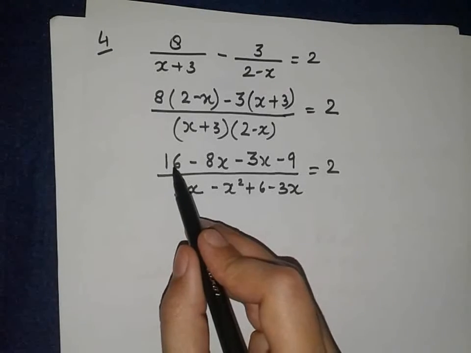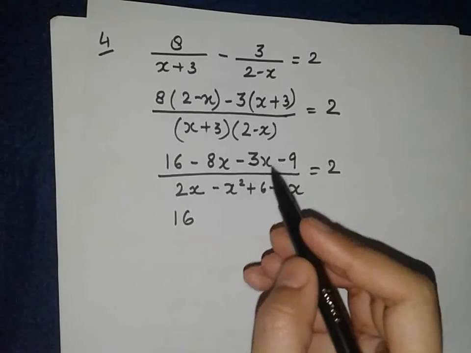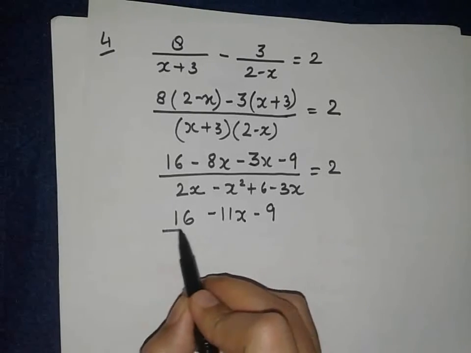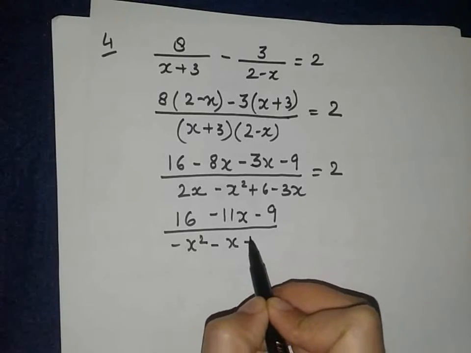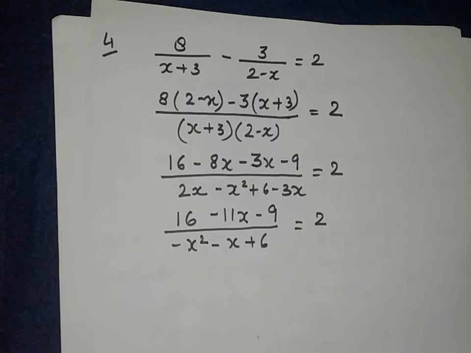Now solving like terms: minus 8x minus 3x will give me minus 11x, 16 minus 9, upon minus x square minus x plus 6 is equal to 2. This is what we are getting.